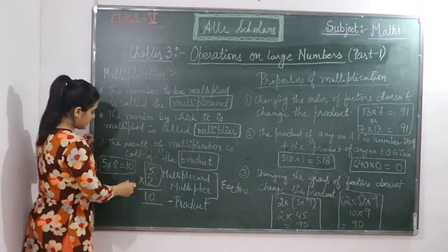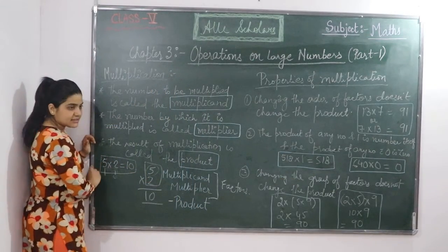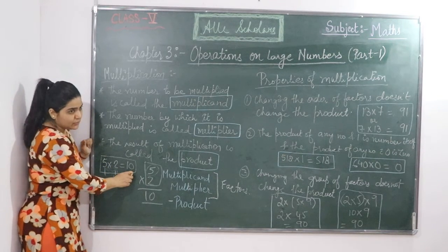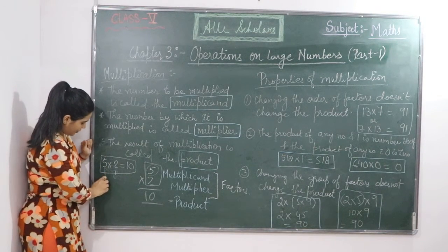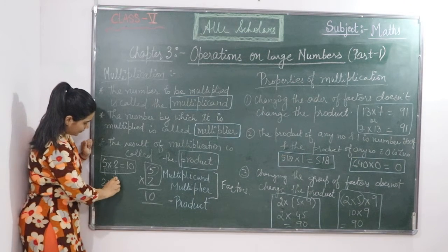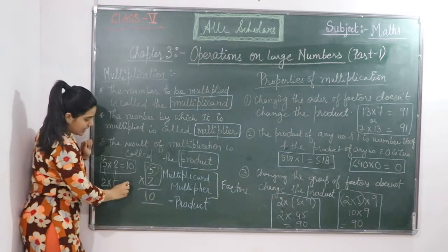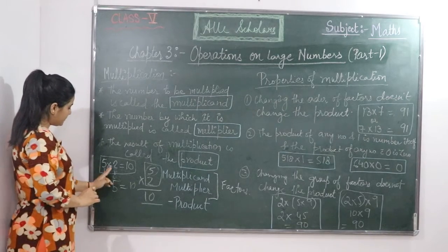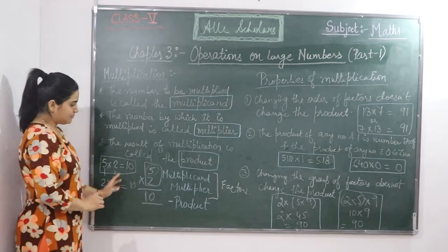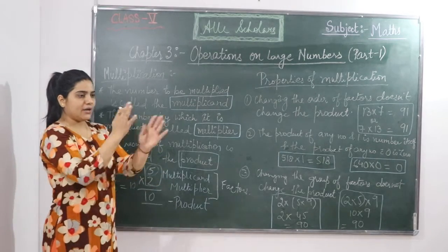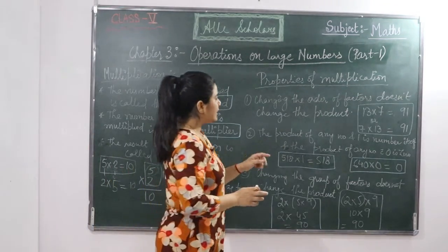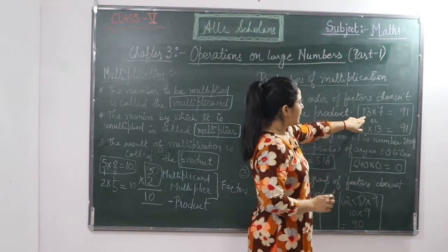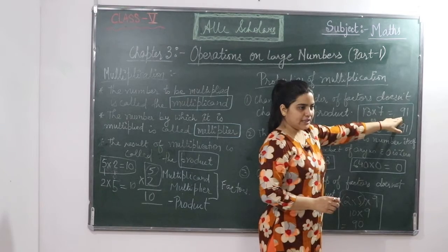It means if you do 5 into 2, this will give you 10. Now let's change the order of factors. 2 into 5, the answer will be again 10. Okay? So we have changed the order of the factors, but still it gives the same answer. Here is one more example. 13 into 7 gives you 91.